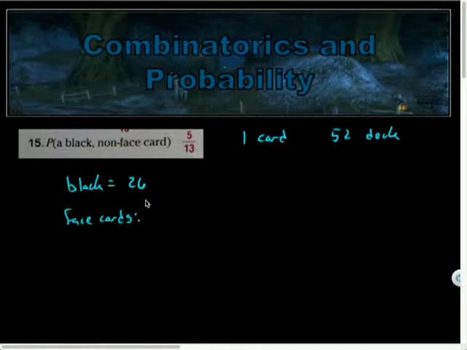Face cards would be Jack, Queen, King. 12 total. I guess we could say 3 per suit, 6 per color.